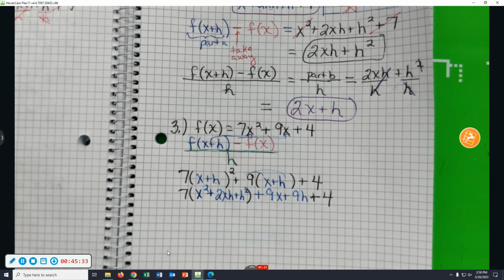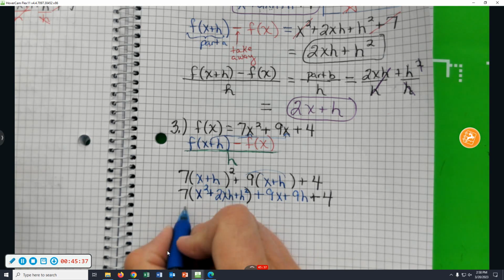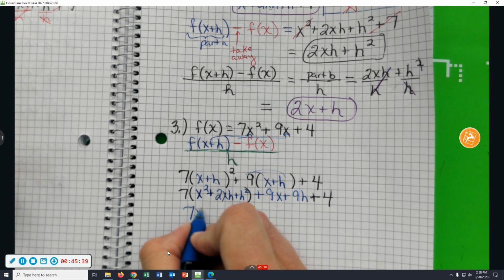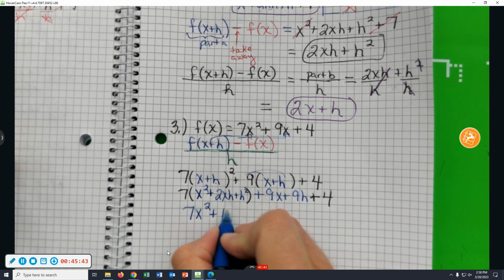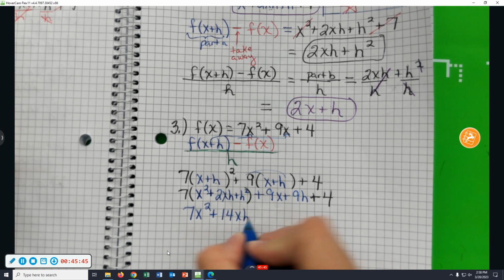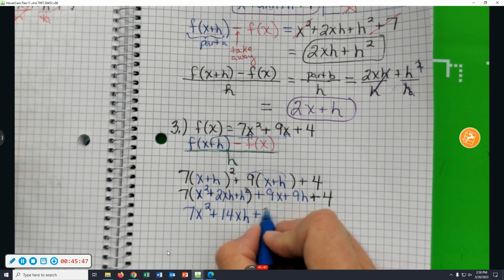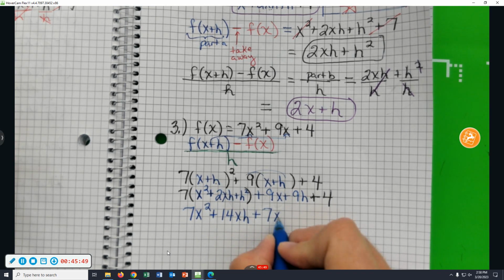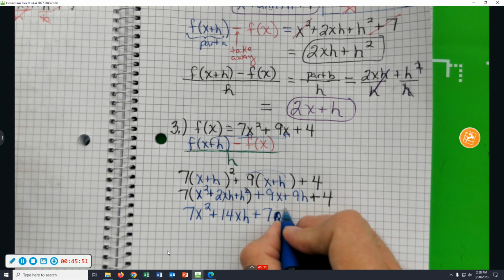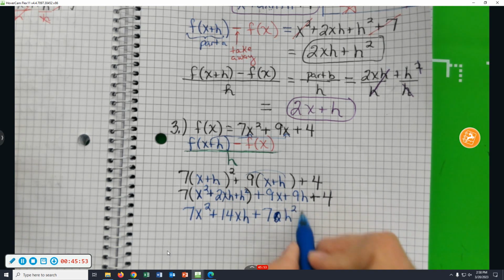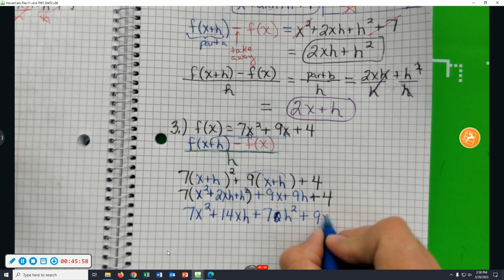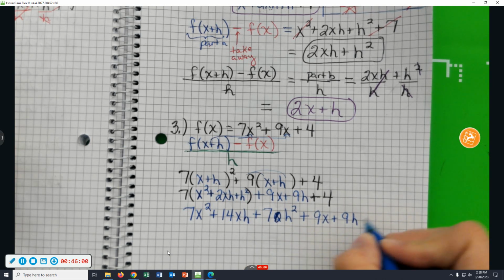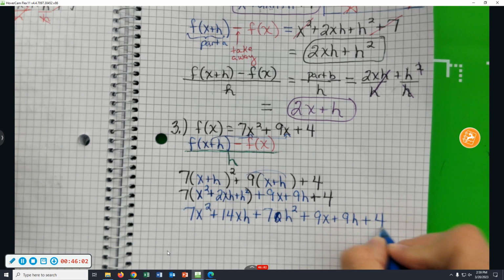And when I do that, I'm practically finished with the problem. Okay? We'd have a 7x squared plus, is that a 14xh? Plus 7. Oh, you said h, I wrote x. I'm sorry. H squared. We still have the plus 9x plus 9h plus 4.